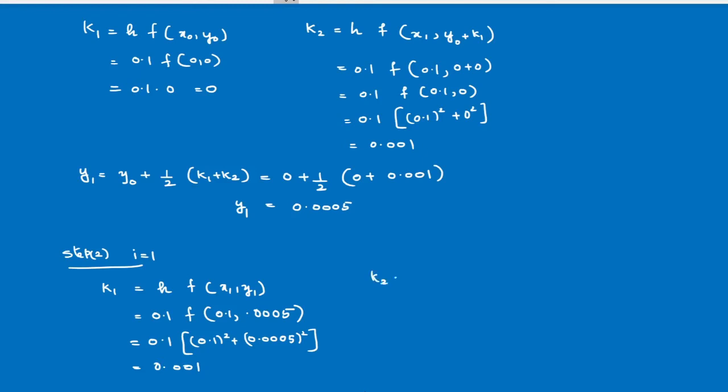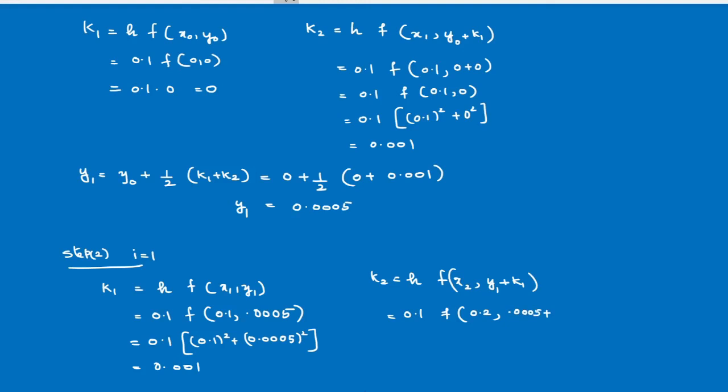The next step is to evaluate K2. K2 is equal to h into f of xi plus 1, that is x2 comma yi, which here is y1 plus k1. That is equal to h, 0.1, into f of x2, which is 0.2, comma y1 plus k1. Y1 is already calculated as 0.0005 plus k1, which we calculated as 0.001, giving 0.0015.